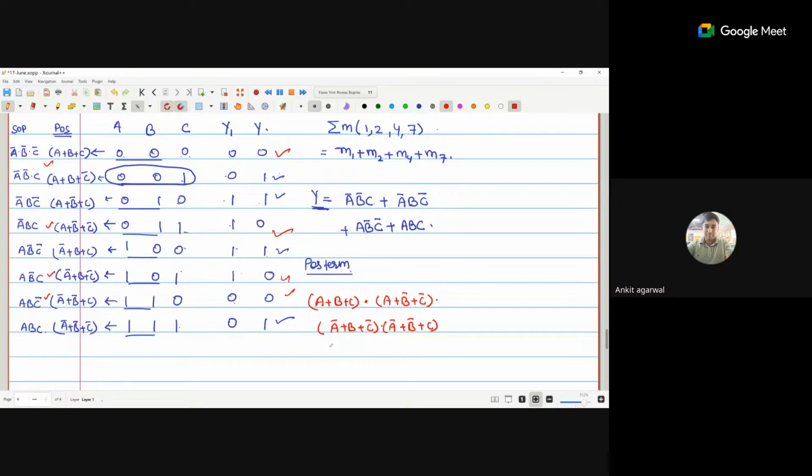Or I can write it as a pi capital M of 0, 3, 5, 6, or capital M0 plus capital M3 plus capital M5 plus capital M6.